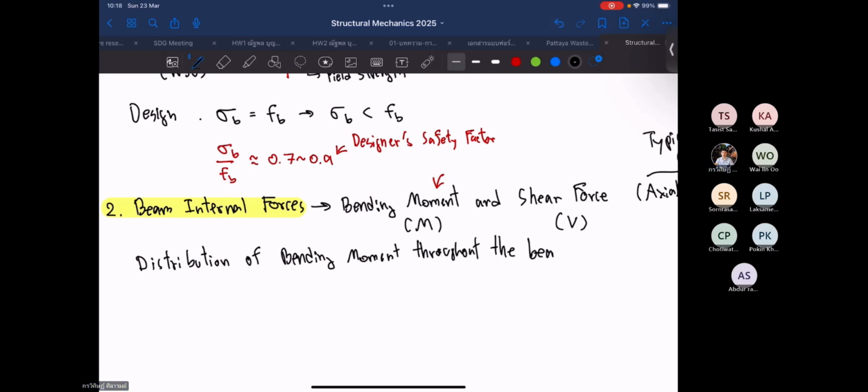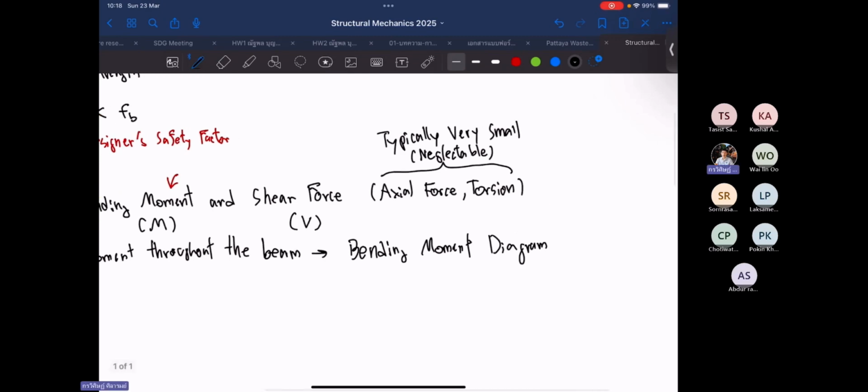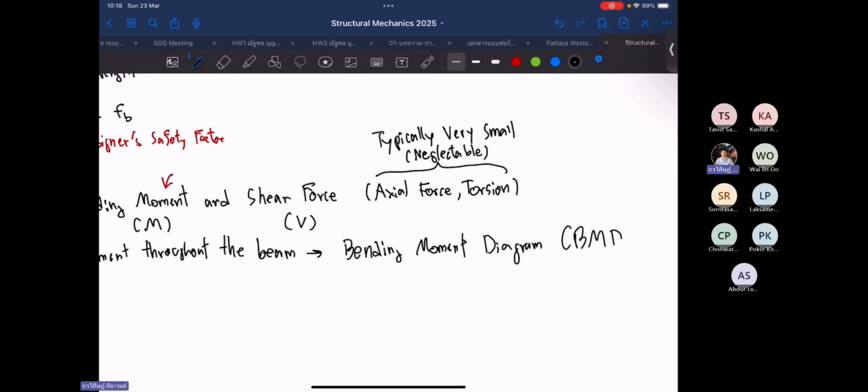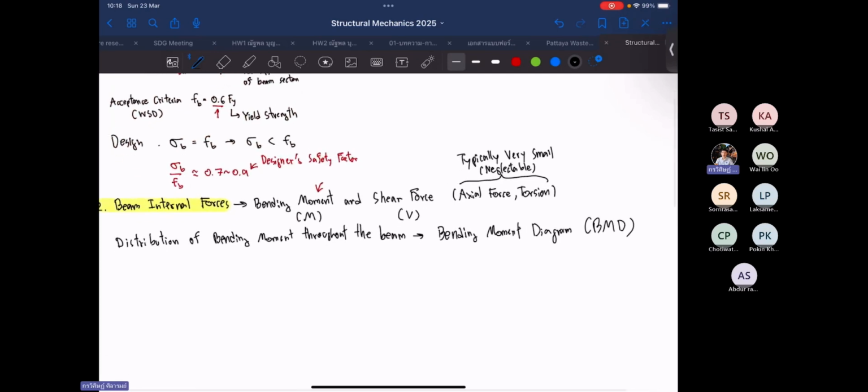Okay, this one we call the bending moment diagram, or BMD. This one you can see how much the moment is corresponding to any position of your beam.